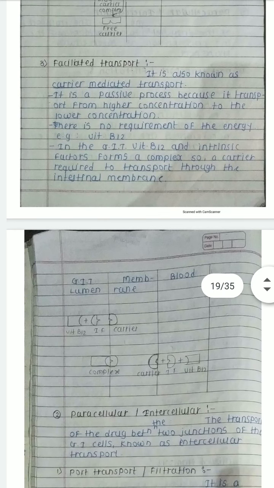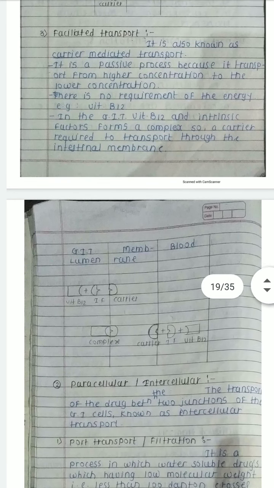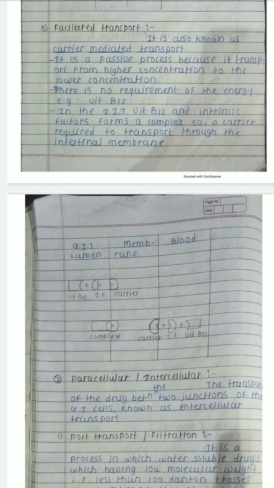Next is facilitated transport. Facilitated transport is also known as carrier mediated transport. It does not depend upon the concentration gradient because it does not require energy or ATP. For example, vitamin B12 is absorbed by facilitated transport. As we know, vitamin B12 requires intrinsic factor for absorption.